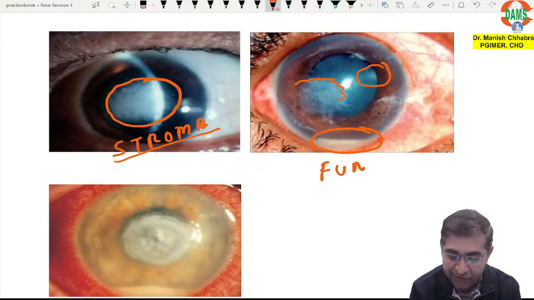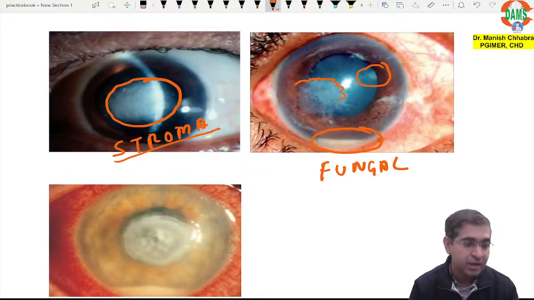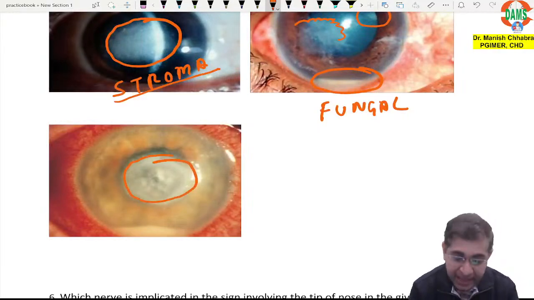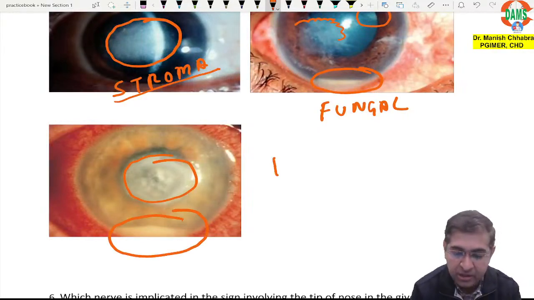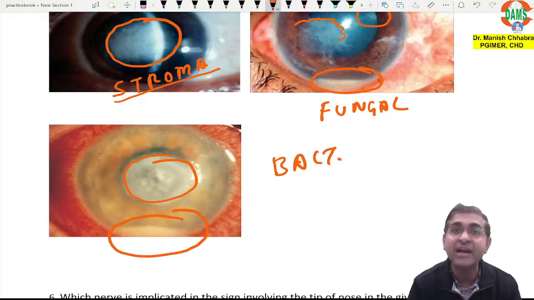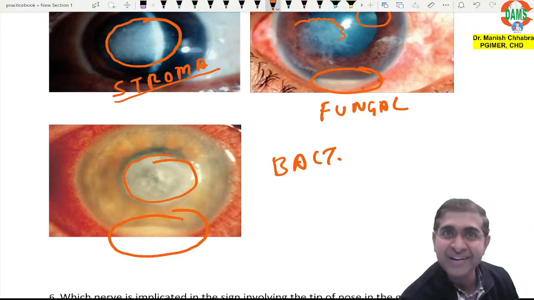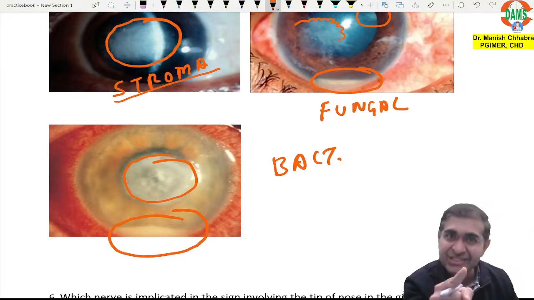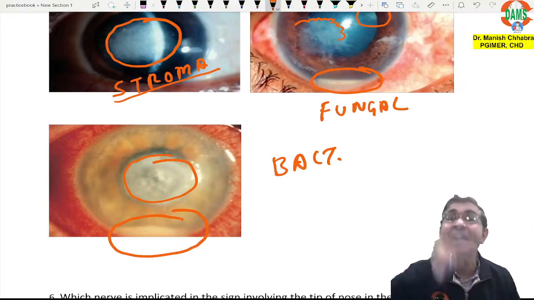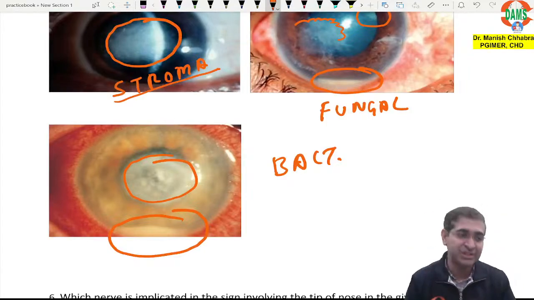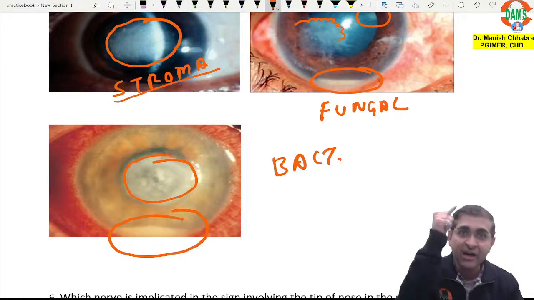This is your fungal keratitis. Can you appreciate the central ulcer? Can you appreciate hypopyon? This is your bacterial keratitis. But we are talking of dendritic keratitis, in which fluorescein stain will give a picture of dendrites, which we can see in the question. So dendrites is the answer.